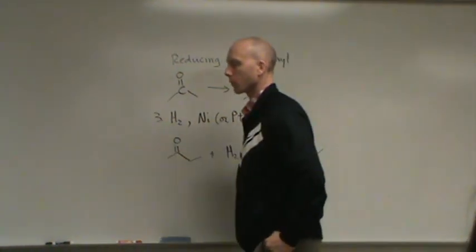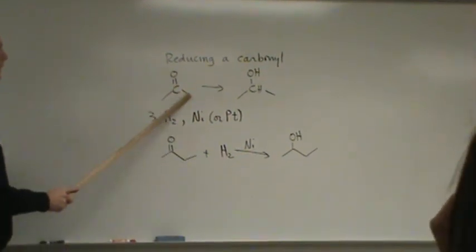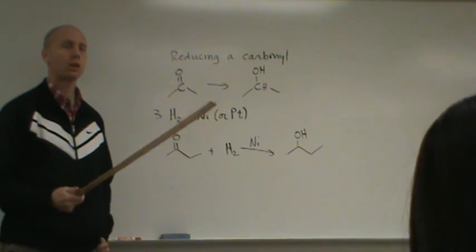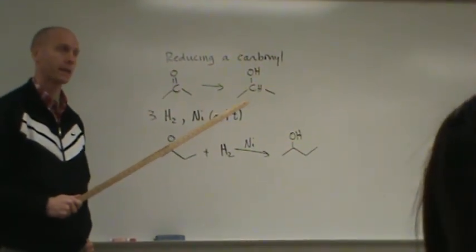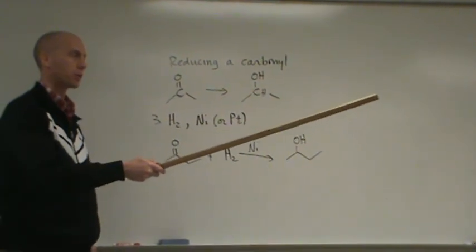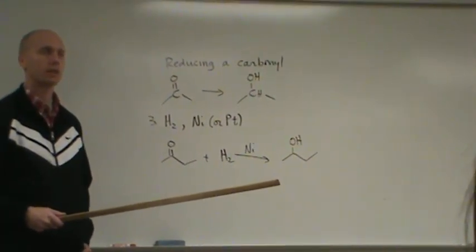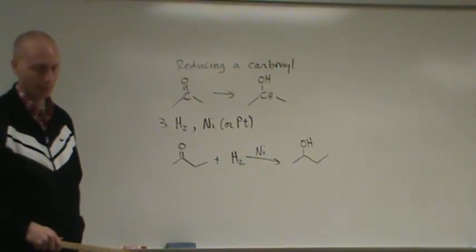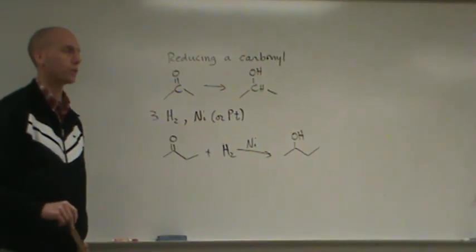All right, so here were three ways to reduce a carbonyl to the alcohol. Make sure you remember all those reagents. You can see these reactions are piling up a little bit here. Make sure you're keeping track, like she is, on index cards, because they're going to keep piling up, especially when we get into chapter 19 with the amines. We'll be getting a lot of reactions in there too.